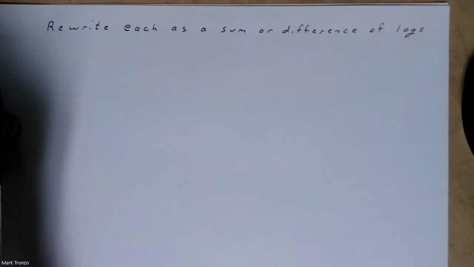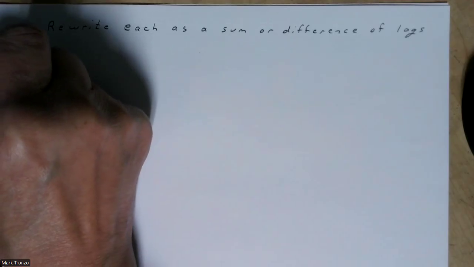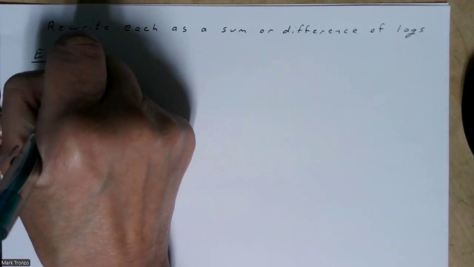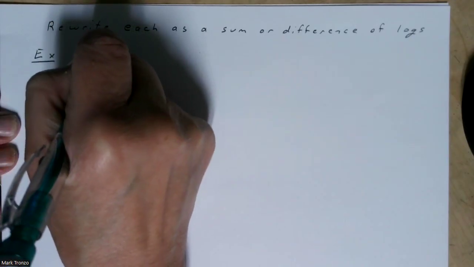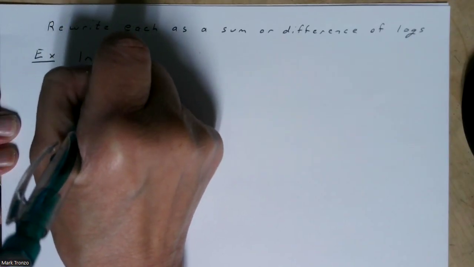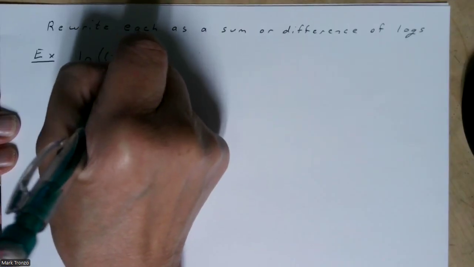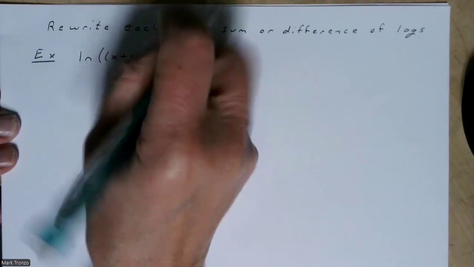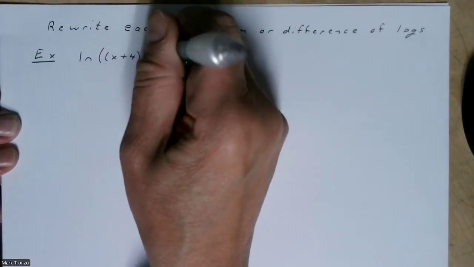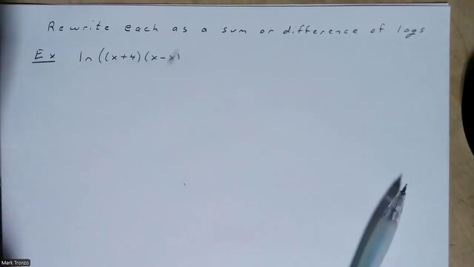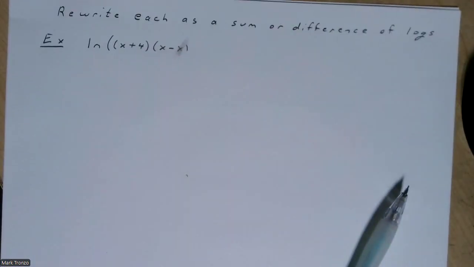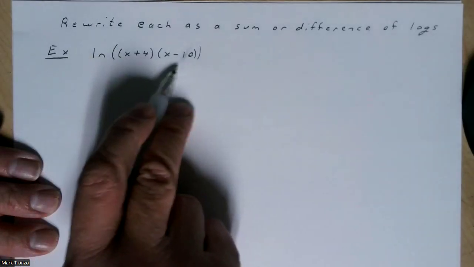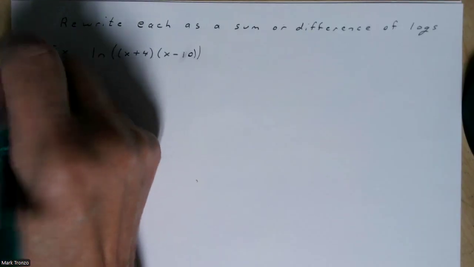Now, on these ones, we're going to go the opposite way. We're going to start with, say, products and or quotients, and write these as sums or differences. And so let's write this as a sum and or difference.